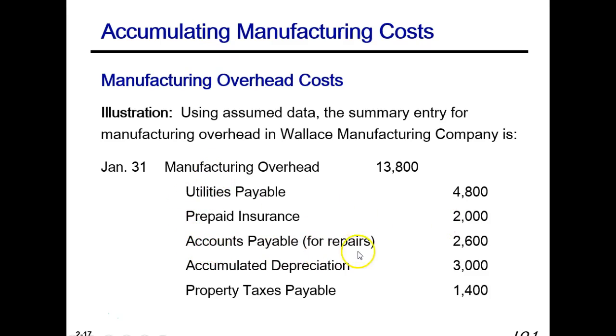We have a bill for repairs. We have some depreciation that is being lumped into this manufacturing overhead. And we have property taxes payable. So all of these that are directly related to the manufacturing of goods but aren't specifically directly identified to products are going to get lumped into this manufacturing overhead account.